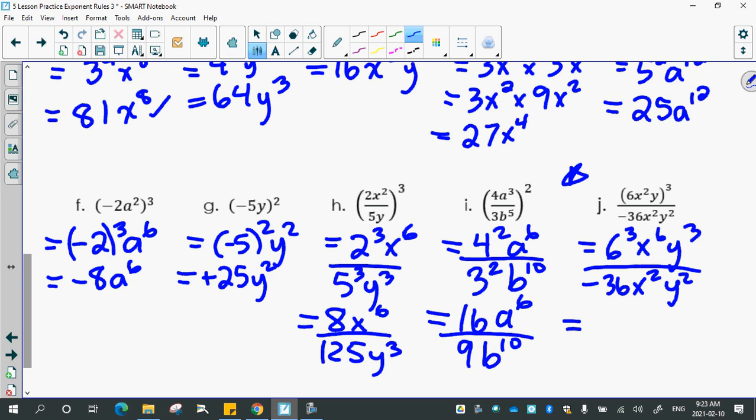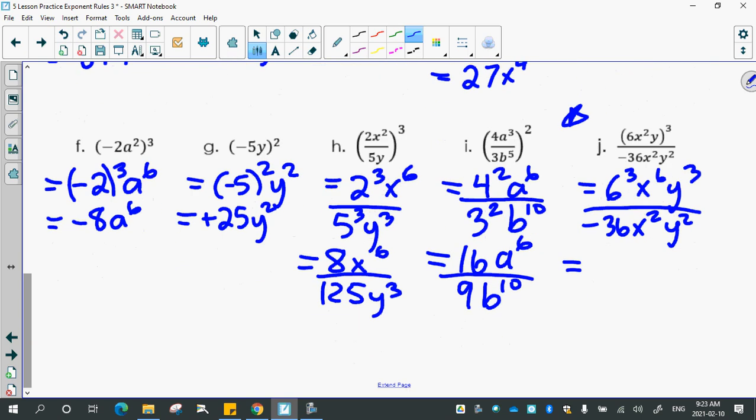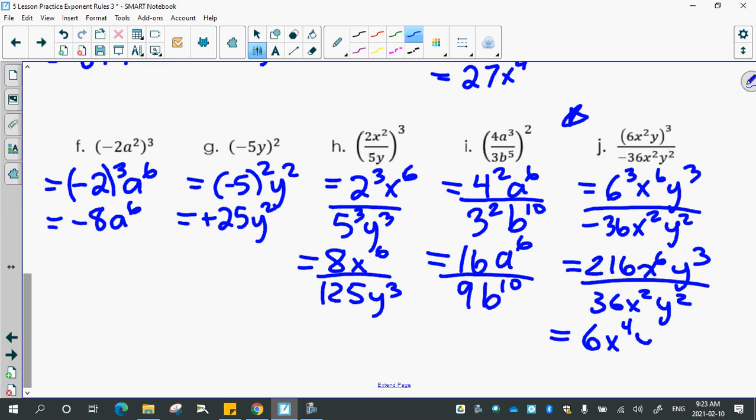Perfect. And I got 216x to the power of 6, y to the power of 3, over 36x to the power of 2, y to the power of 2. And then I have 6x to the power of 4. Awesome. How many people got 6x to the 4th y? 1, 2, 3, 4. Okay.